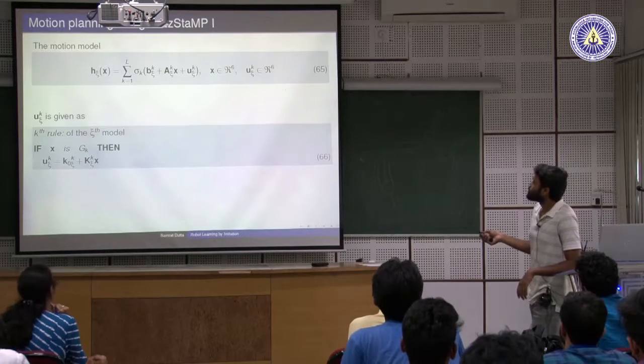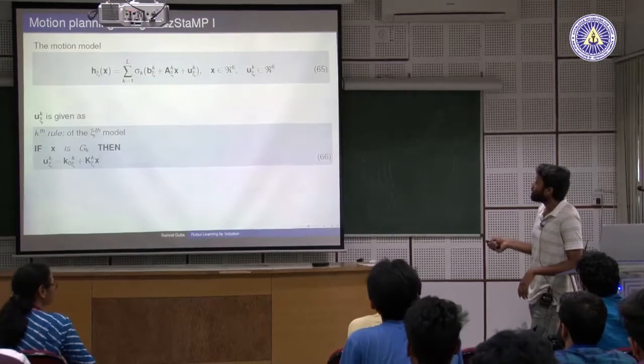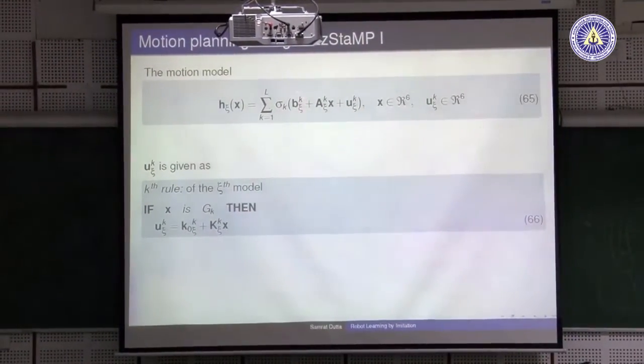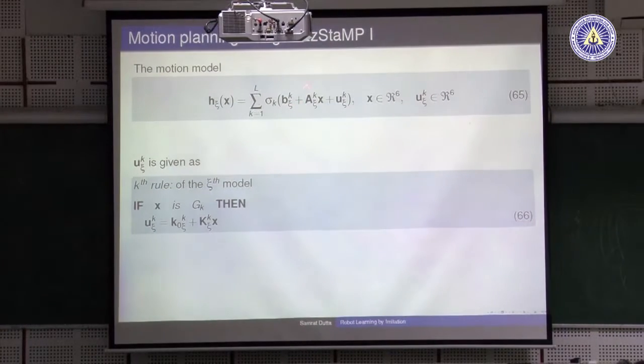See, this is some form, right? This is a linear systems form. If you just consider this part, this is a bias part, this is the system matrix, this is your input, right. If you consider this represents a linear model, a linear system, now what we do is take the weighted combination of the linear models and say that this is our nonlinear model.